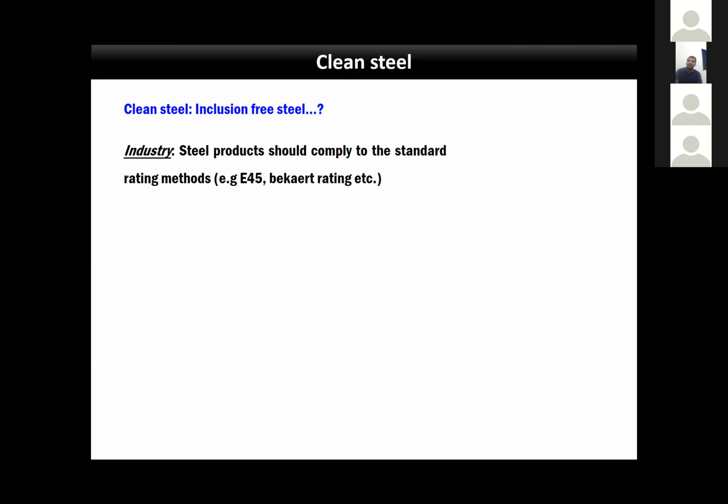It's not. Industrialists used to define it as when a product complies to a standard rating method. There are different rating methods available, E45 for the long products and backward rating especially for a product called tire cord or something like that. So when a product is complying to that sort of inclusions, then you can call that steel a clean steel.